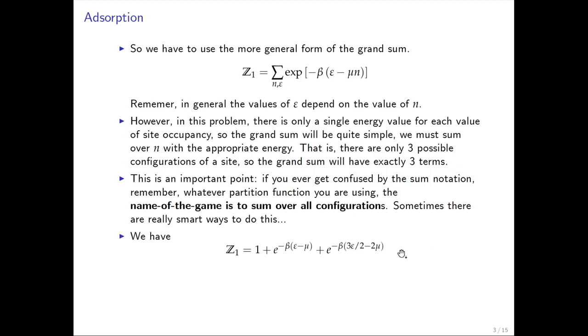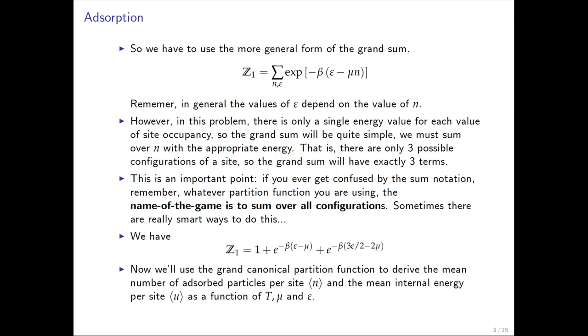Well, in this case, it's pretty easy. We just have the three terms: zero occupancy, no molecules occupying the site, 1 occupying the site, and 2. And you see the relevant exponential factors here with the energy and the chemical potential. So that's Z1.